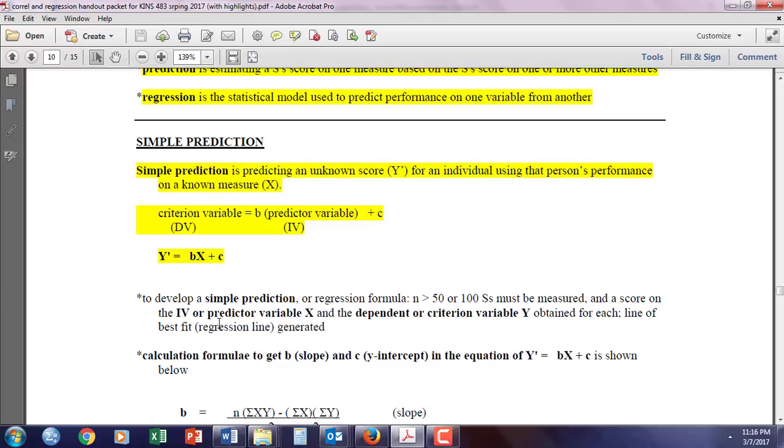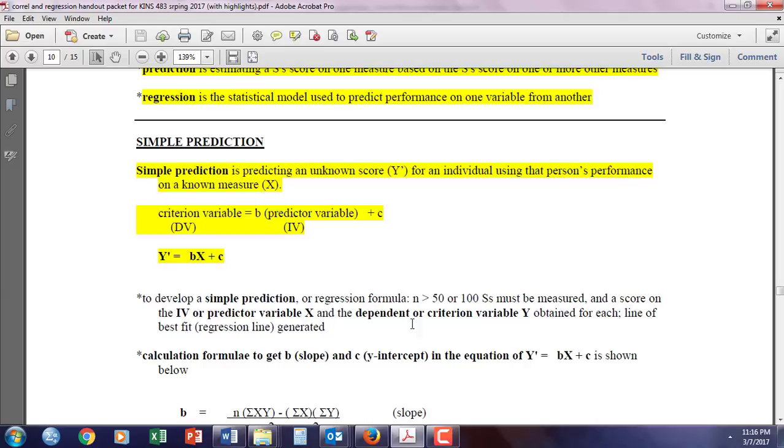So the way we develop these prediction equations is we start with people who have data on both our x variable and our y variable. So we take 50, 100 people, hopefully even more than that. And what we do is we develop this simple prediction equation by collecting their data. We have a score for everyone on their independent or predictor variable, such as their body weight.